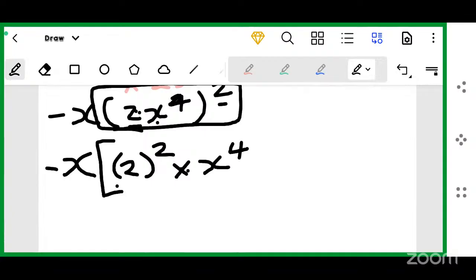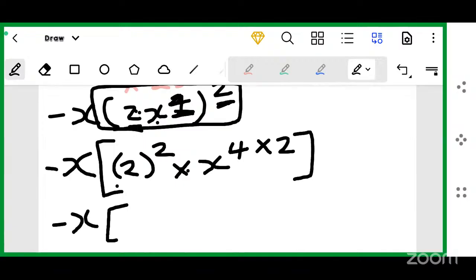Since the exponent here is 2 and the exponent is 4, you're gonna say x to the power of 4 multiplied by the exponent 2. And then let's close our big bracket now. So we still have our negative x outside, right?